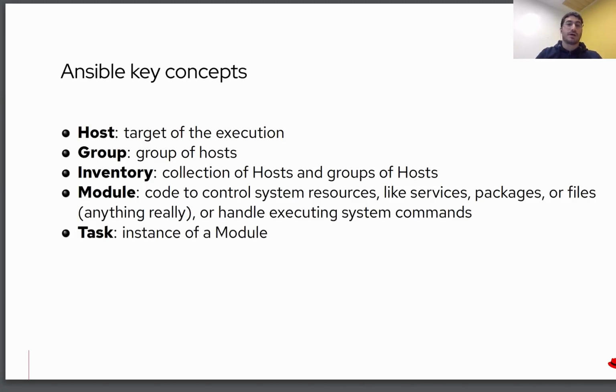And those are usually, or better said, they should be idempotent, because the module itself is idempotent. So the task, obviously, since it's just a module with parameters, is still idempotent.